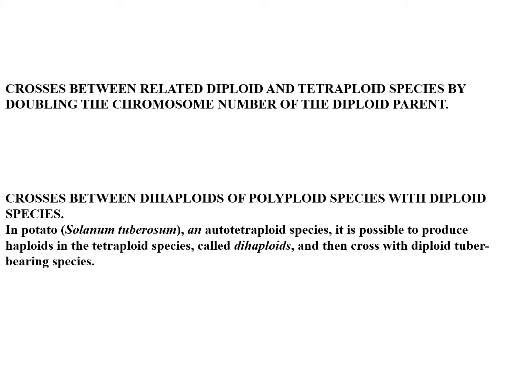In this case, if the plant that we want to get the gene from is diploid and our plant is tetraploid, what we do is bring the diploid species and double its chromosomes, so it will be tetraploid, exactly like the plant that we use for cultivation.